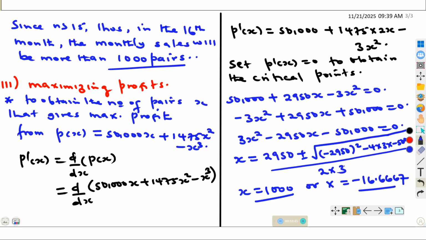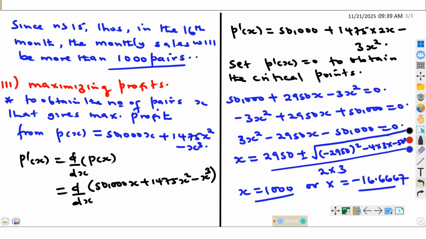So after getting these values of x, how will they help us in obtaining the maximum profit? From here, we basically need to test each of these values of x and see which one will give us the maximum profit. You can do that by looking at the nature of these points.